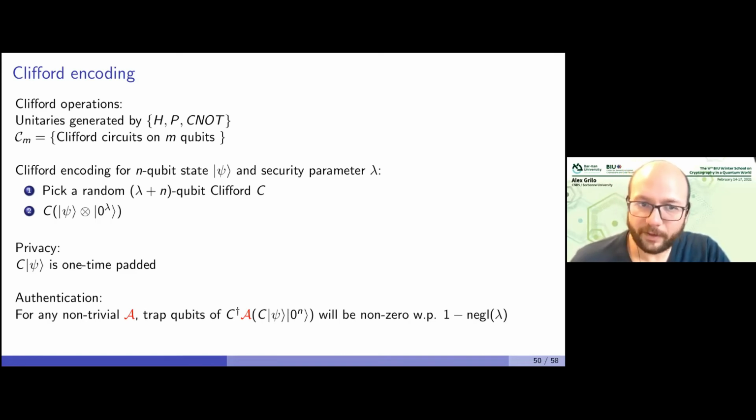If you don't have this adversary, of course you go back to psi tensor 0^lambda. And what the authentication of the Clifford encoding says is that if you have something different from identity here, then you catch the adversary with probability 1 minus negligible.